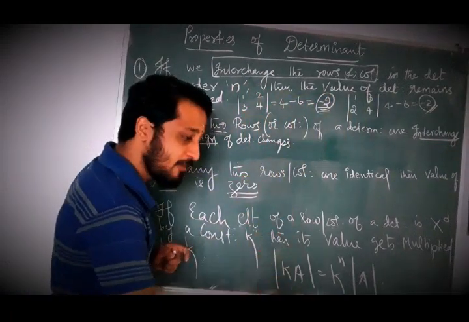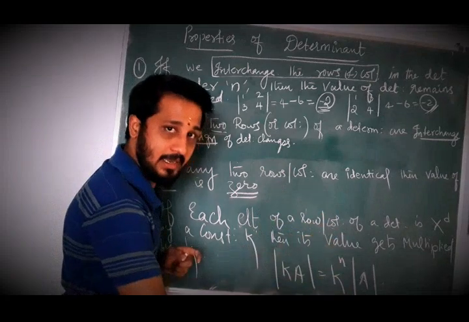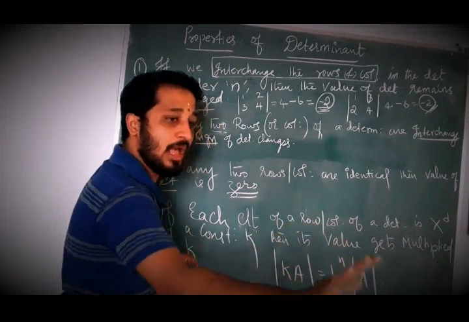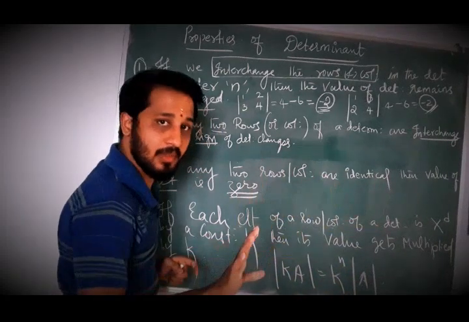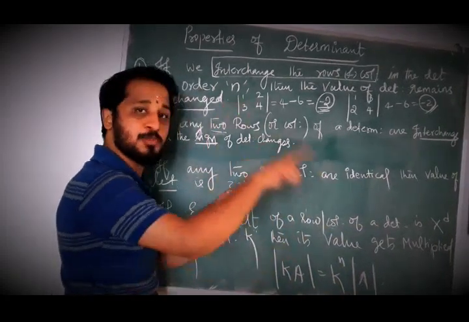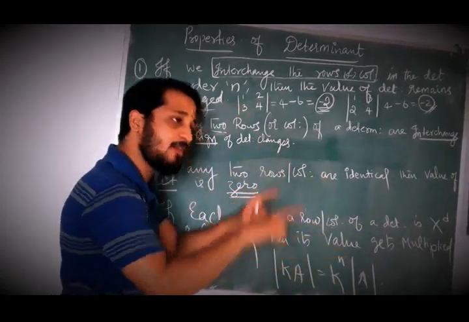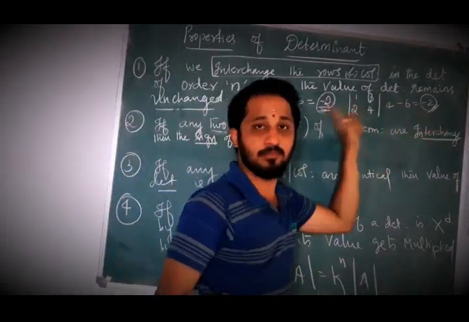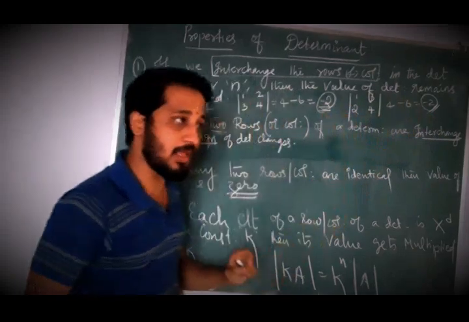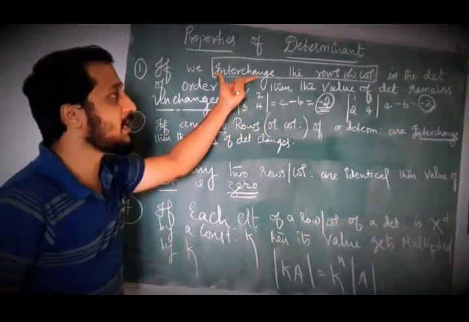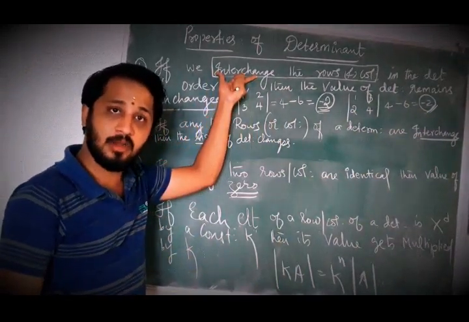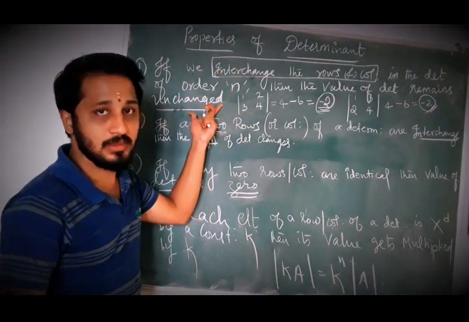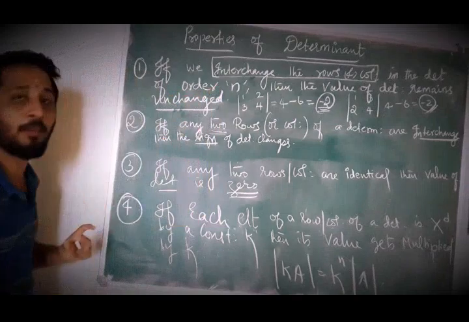If you have a square matrix A and you find the determinant of A, you will have an answer, name it K. Then after taking the transpose of the given matrix, if you find the determinant of A transpose, the answer will be the same. Is it clear? That is the first property.